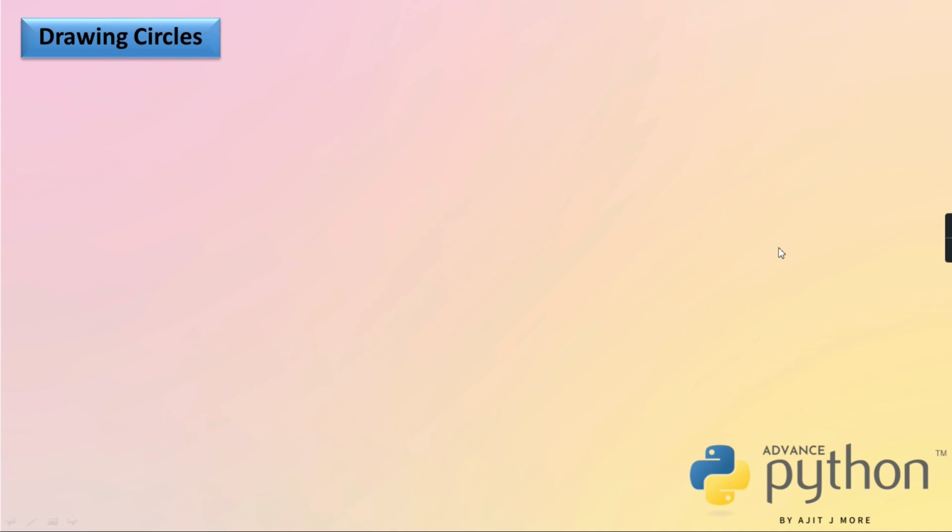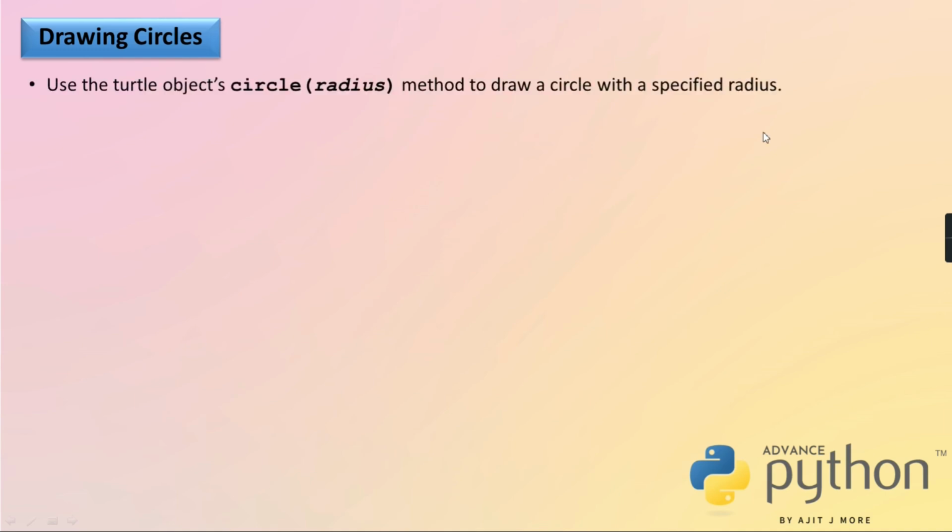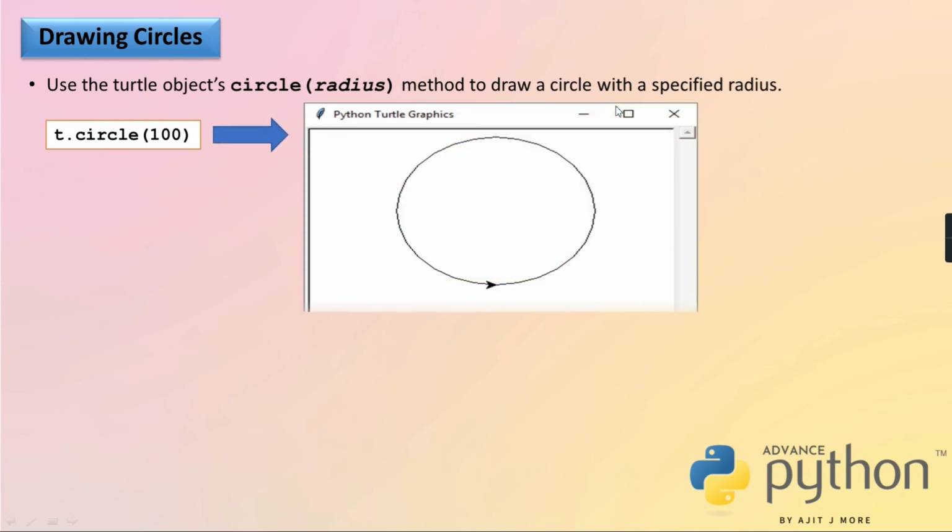So use the turtle object's circle method and give the radius. So it will draw a circle of that much radius. See. So use the turtle object circle(radius) method to draw a circle with the specified radius. Okay? t dot circle 100. So it's going to draw a circle of 100 radius. Okay, see this way.